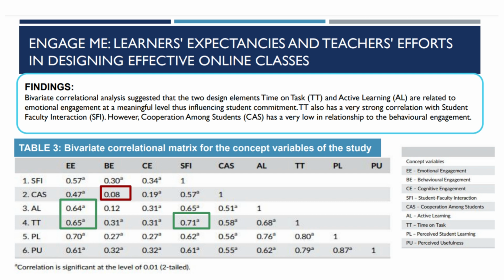The research results showed a strong correlation between emotional engagement, EE, and time on task, TT, which is a student's perception of course efficiency and assignment difficulty. They also found another strong correlation between emotional engagement, EE, and active learning, AL.